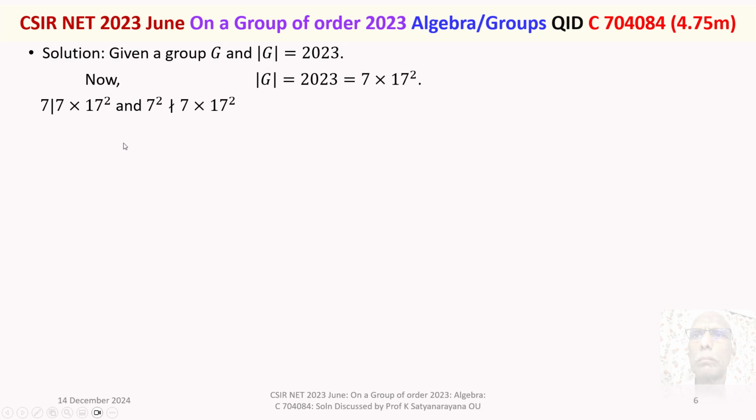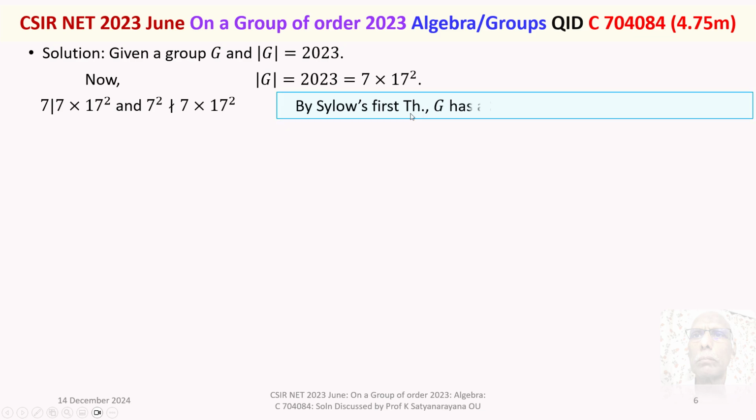The prime number 7 divides 7 into 17 square, and 7 square does not divide 7 into 17 square. So we recall the first theorem of Sylow. By Sylow's first theorem, G has a Sylow 7 subgroup. Let's call it H of order 7.